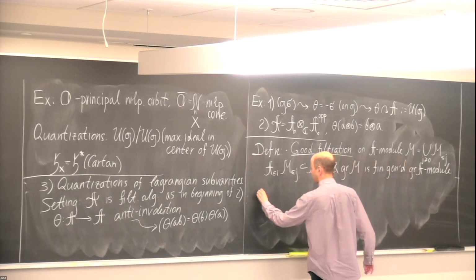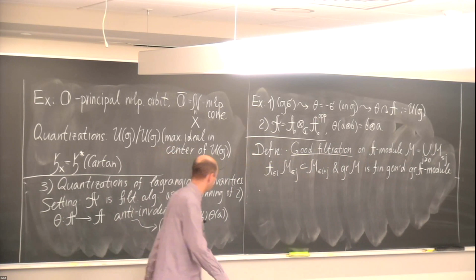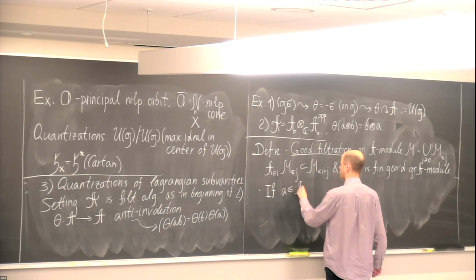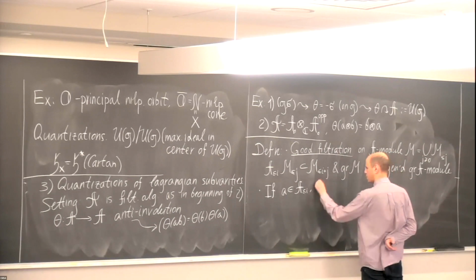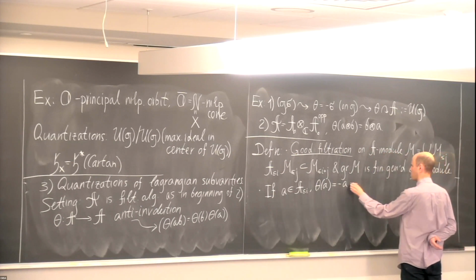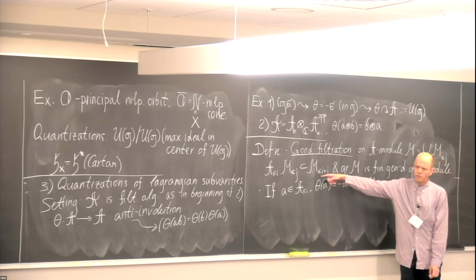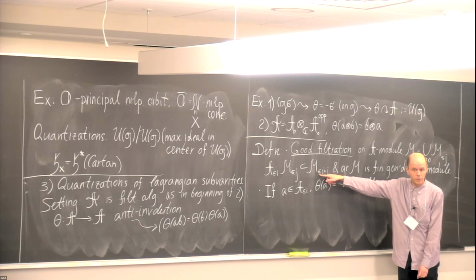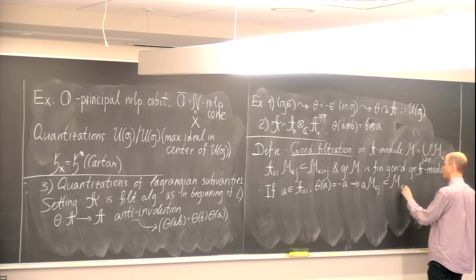Now I want to consider filtrations with an additional condition which has to do with this anti-involution theta. And it's the following. If I have my element a in filtration degree less or equal than i, and this element satisfies theta of a equal to minus a, then a maps M less or equal than j, well, this condition says that it will be in degree less or equal than i plus j, but I want it to be in degree less or equal than i plus j minus 1.